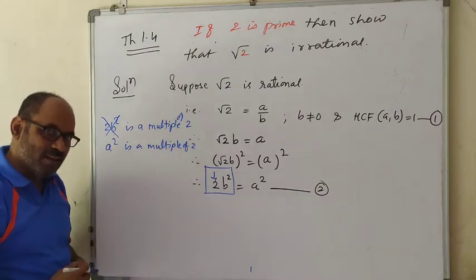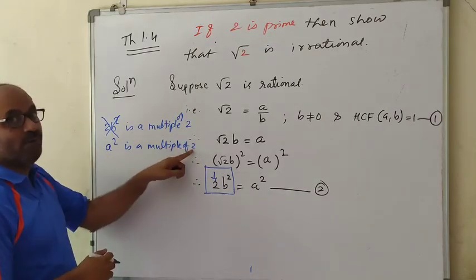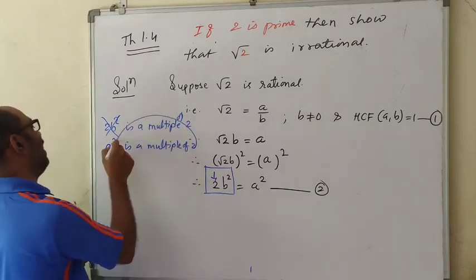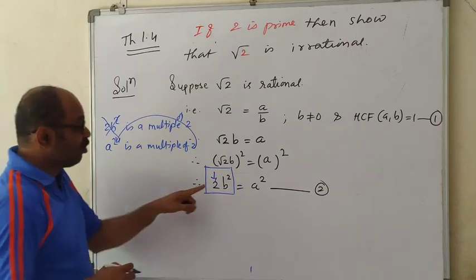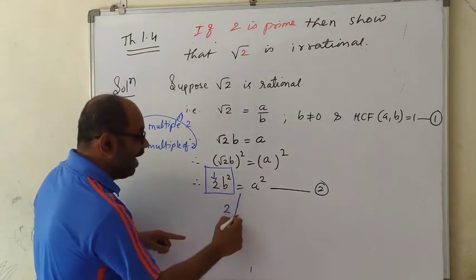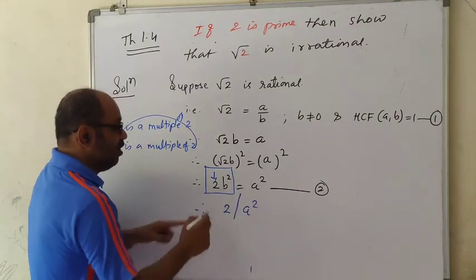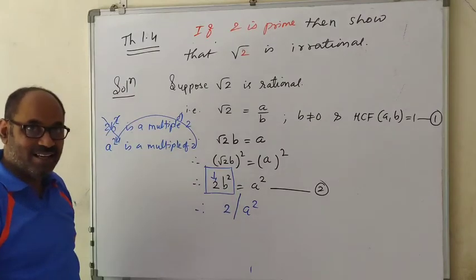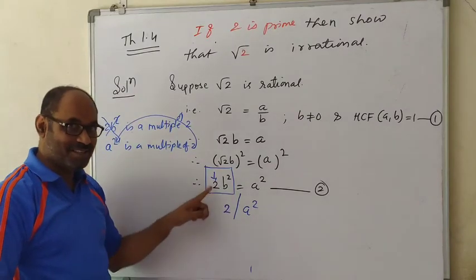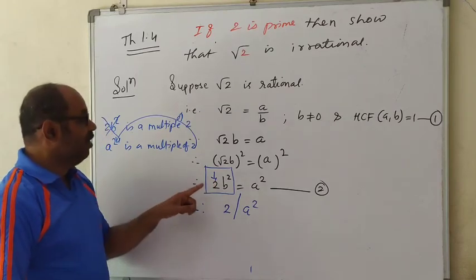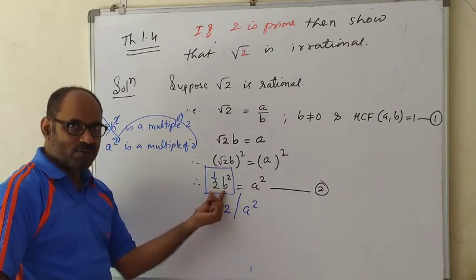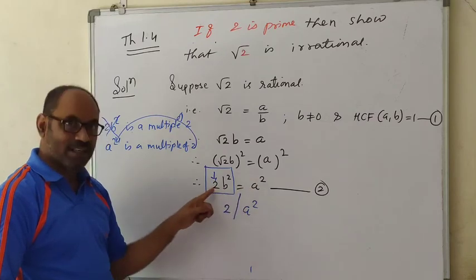Are you getting me? If a square is multiple of 2, then you can say 2 is factor of a square. So this 2 divides a square exactly. I hope you understood. This is the difficult part. The step from here to here is difficult. 2b square is multiple of 2. That means a square is multiple of 2.